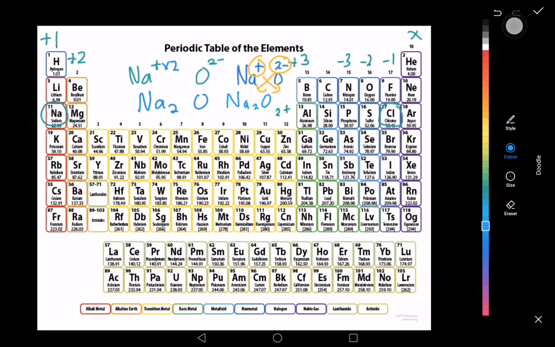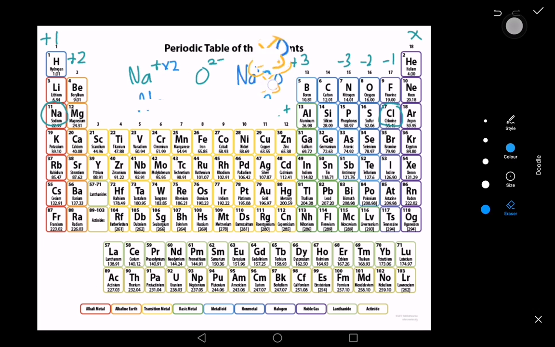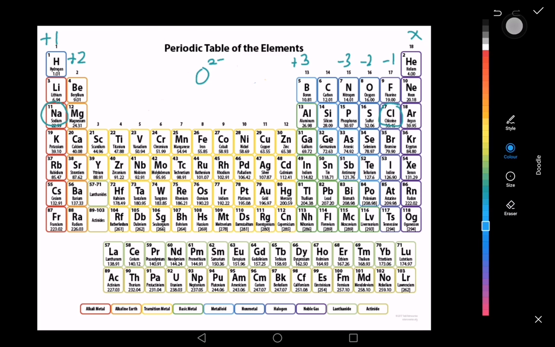What if they ask you to write aluminum oxide? Aluminum is group 13, so the charge is 3 plus. So aluminum is Al3 plus.